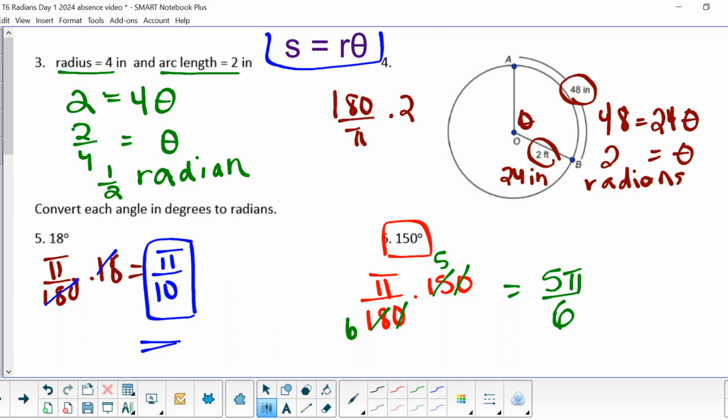Well, this isn't super nice because I have this pi in the denominator, so you're going to have to break your calculator out for this one. So you're just going to do 180 times 2, obviously, which is 360, and then divide by pi. And make sure you use the pi button and not the actual 3.14. You want to use pi. And this comes out to be 114 point, let's say 6 degrees. So I'm going to round it. A lot of times we'll round it to a whole number, but I'll go to the tenth here.